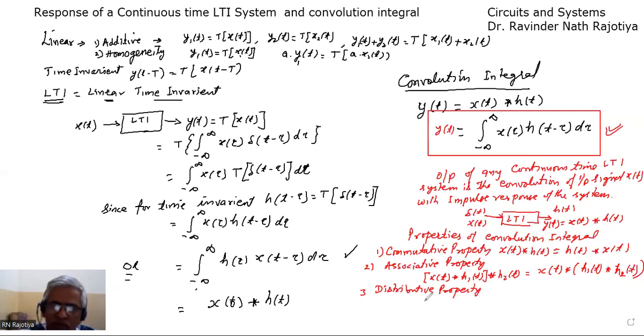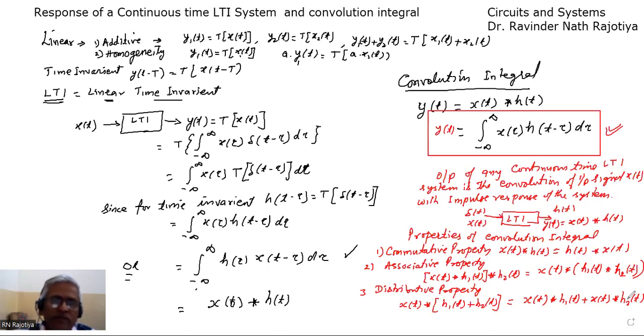If you have the sum of two signals convolved with a third signal, that means x of t convolved with h1 of t plus h2 of t, then by the distributive property, this will be x of t convolved with h1 of t plus x of t convolved with h2 of t.